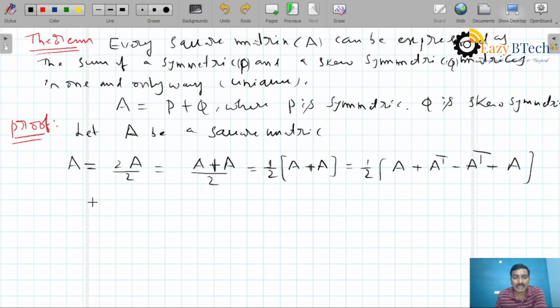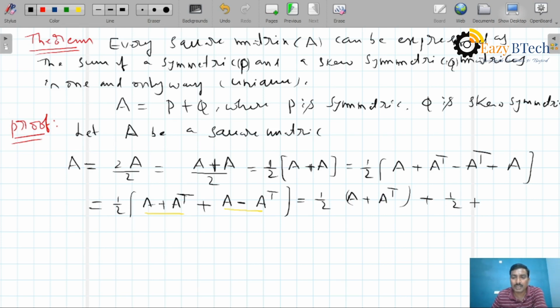Now this can be written as, I will divide this matrix such that 1 by 2 into A plus A transpose plus A minus A transpose. Now I want to multiply this 1 by 2 to this sum and this sum. So you get 1 by 2 into A plus A transpose plus 1 by 2 into A minus A transpose.